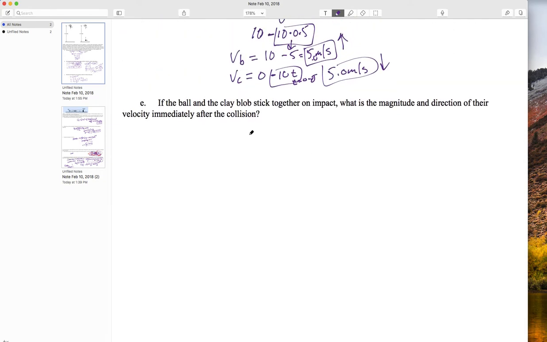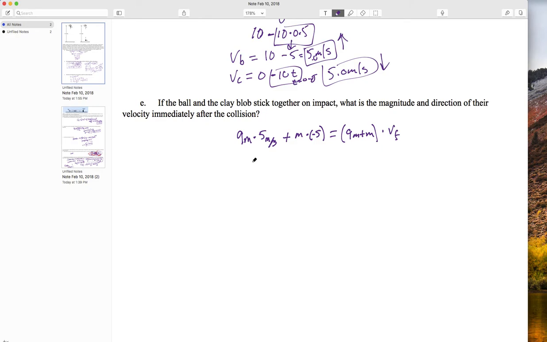We're going to say that we have a momentum before of 9m times v up, which is 5, and then that's going to be added to the momentum of the other object going down, m times minus 5. And then that's going to equal the combined mass times the vf, which is the thing we care about finding.